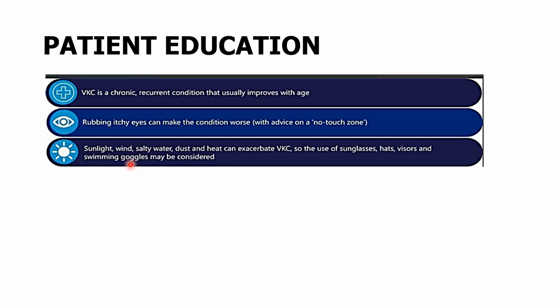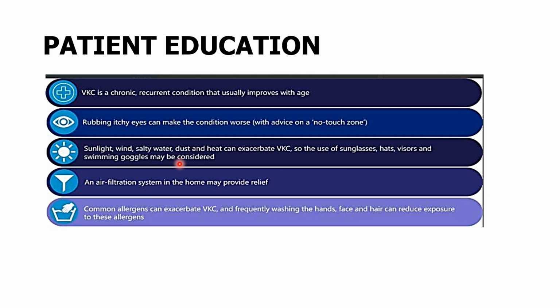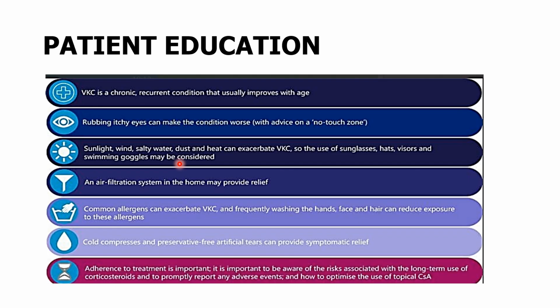So advise your patient to use sunglasses, hats with visors, and swimming goggles. If possible, an air filtration system in the home can provide relief. Common allergens can exacerbate VKC, and therefore frequent washing of hands, face and hair can reduce exposure to these allergens and bring down the symptoms. Cold compresses and preservative free artificial tears can also provide symptomatic relief.